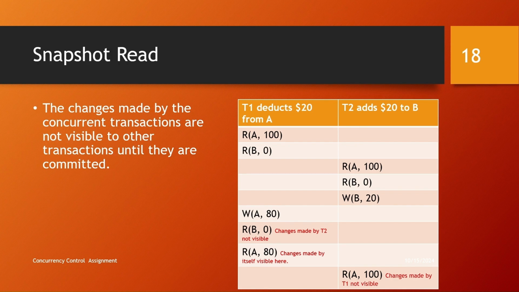Then T2 writes B as 20, and then T1 writes A as 80, that is, deducts 20, and then reads B. It will still read the value of B as 0 since T2 has not yet committed. If T2 had committed, it would have read the value as 20. But that is not the case. Similarly, if T2 reads A, it will still read 100 and not 80.